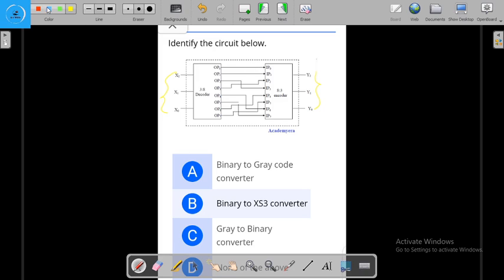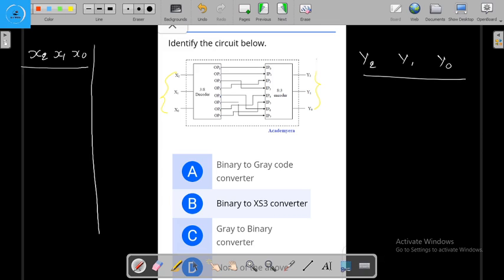So let's write here our input. I am writing x2 x1 x0. This is our input, and I am writing the output here. What will be the output? Y2 y1 y0. This is our output.